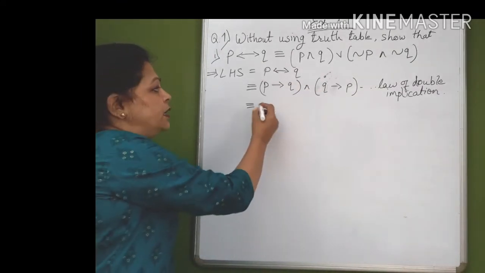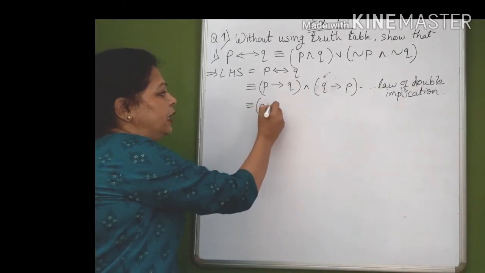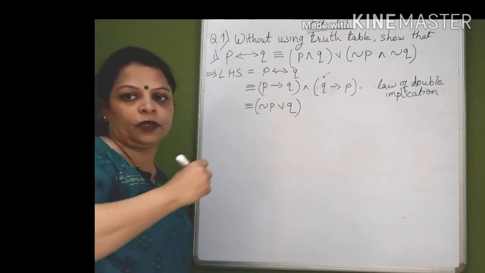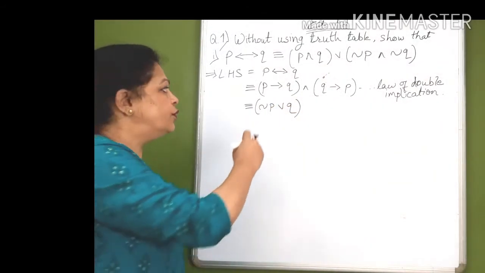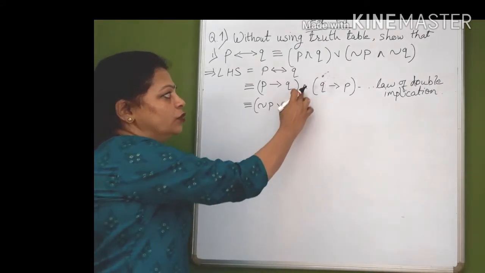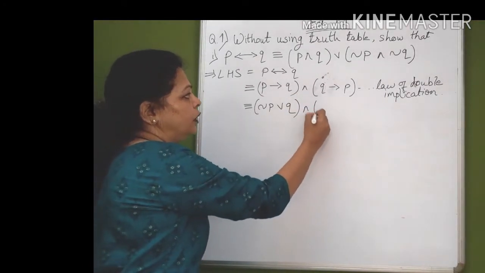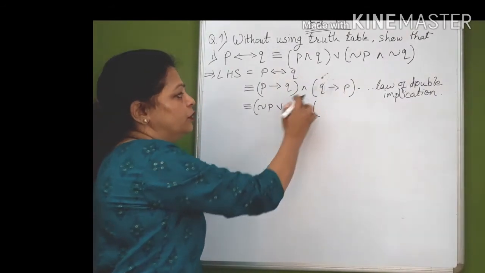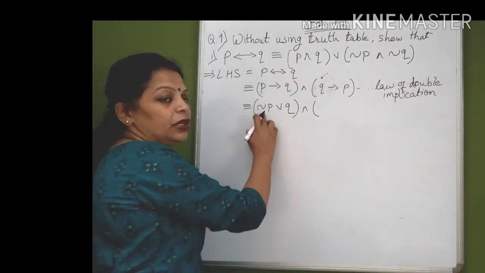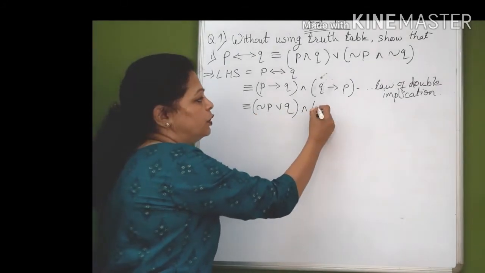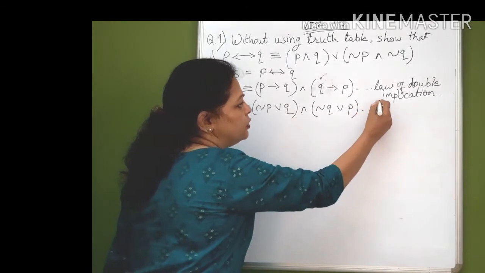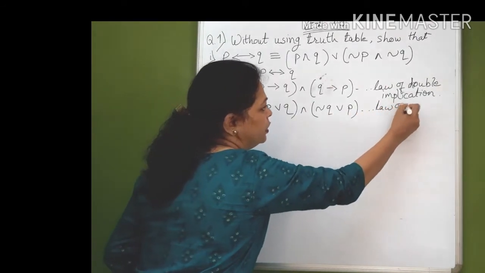Now P implies Q is the same as negation P or Q. Fine, this we have studied. So we get negation P or Q and this sign. Now here Q implies P, so the first term is Q. Instead of negation P, now we have to write negation Q. So we write negation Q or P. This is the law of implication.